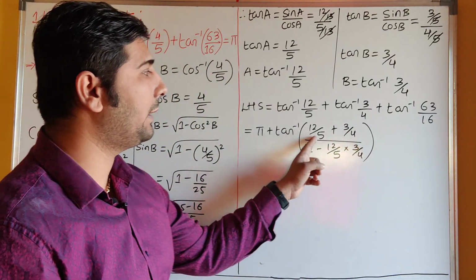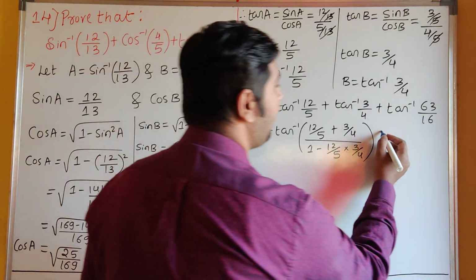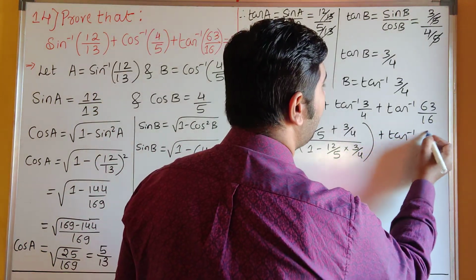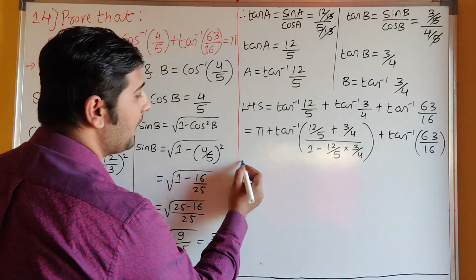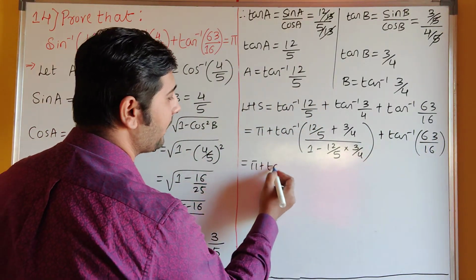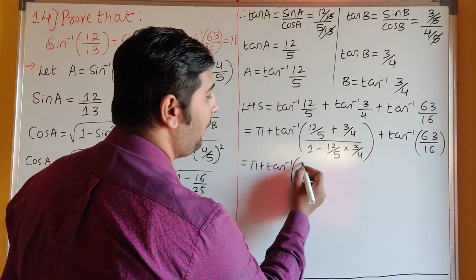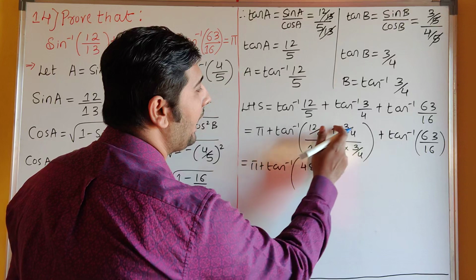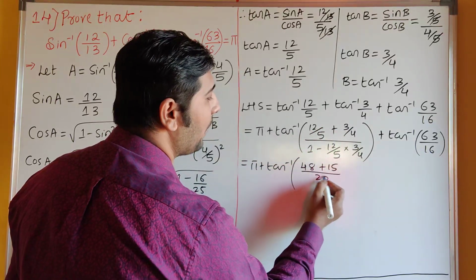Pi plus tan inverse x plus y divided by 1 minus x into y. So what is remaining here? Tan inverse 63 by 16 remains as it is. So now how much you will get? Cross multiplication starts. You know how to cross multiply. 4 into 12, 48, 5 into 3, 15, 5 4s are 20.